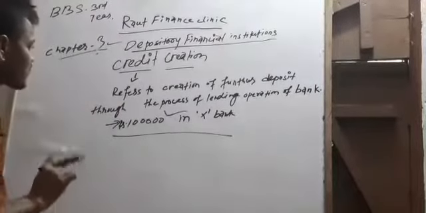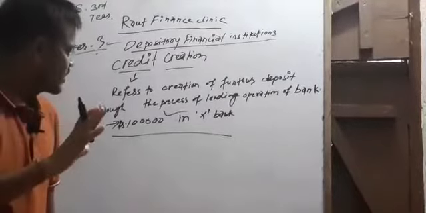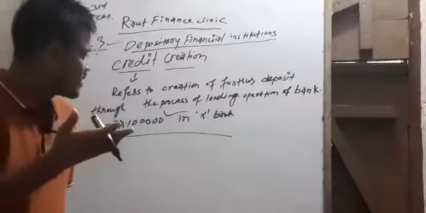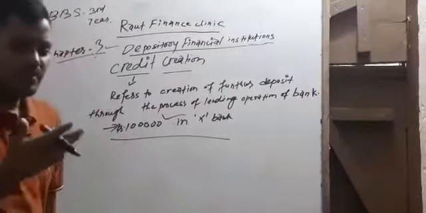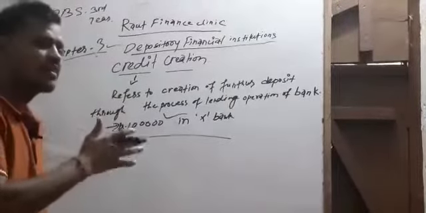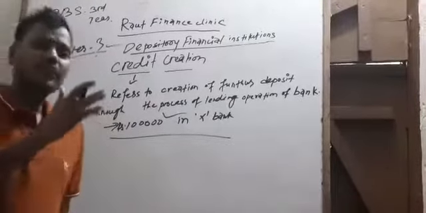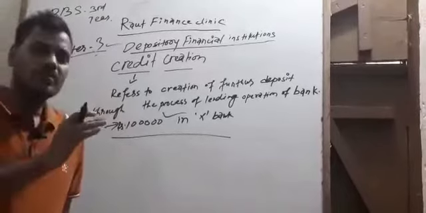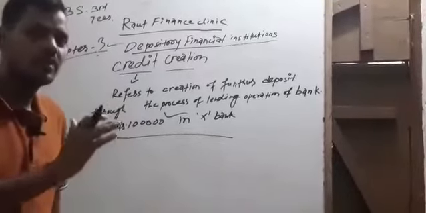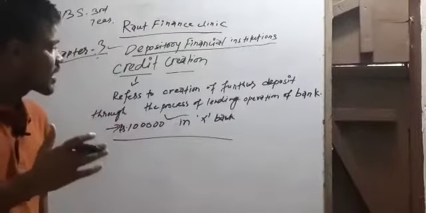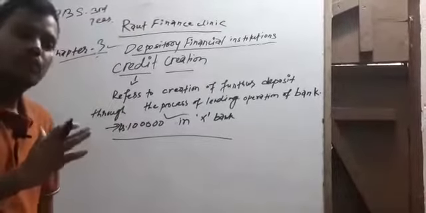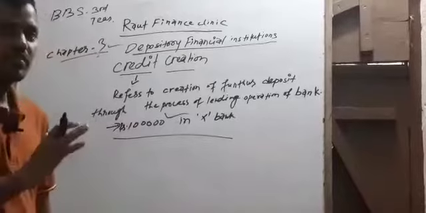If there is a CRR, that is cash reserve ratio, now we have 4%, but for the sake of understanding we assume that it is 10%. If there are other reserve requirements by the central bank, then every bank has to follow the guidelines of the central bank.